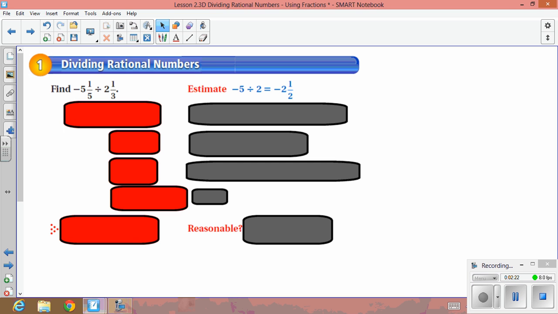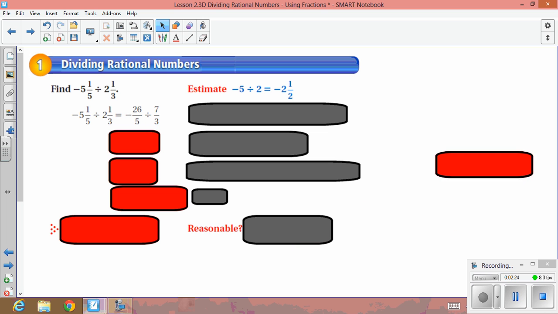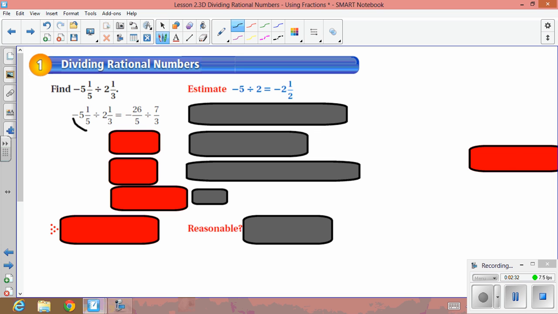So we're going to take our problem and write both fractions as improper. We take our denominator, 5 times the whole number 5, to get 25 plus 1, 26. So this is how we get -26/5. 3 times 2 is 6, plus 1 is 7, which is how we get 7/3.